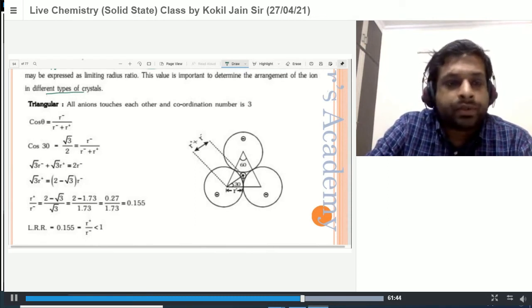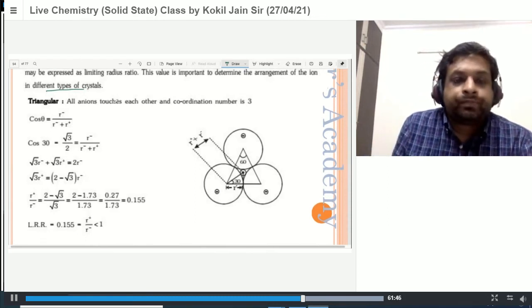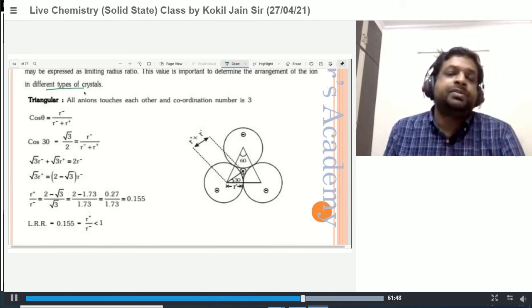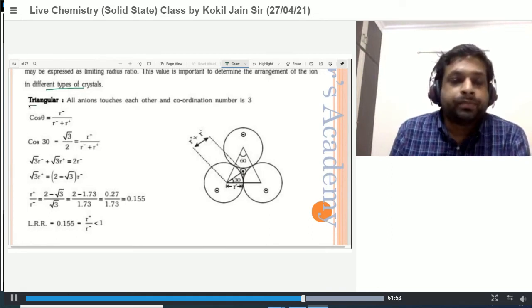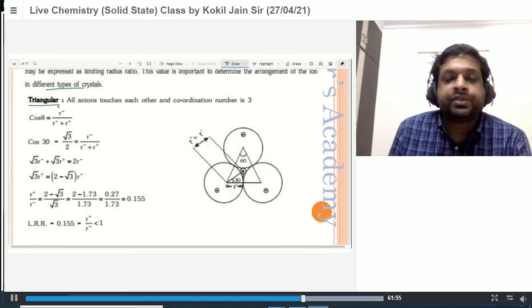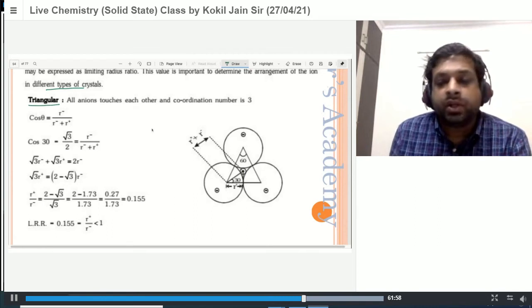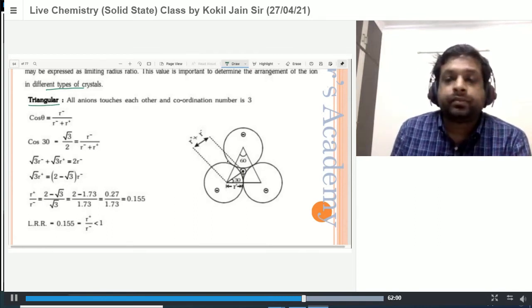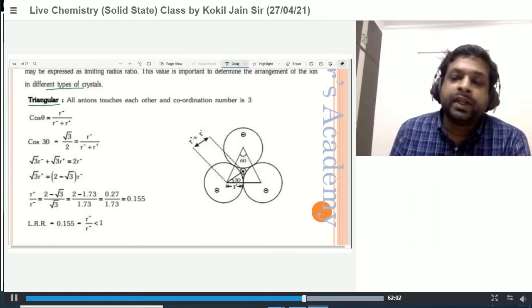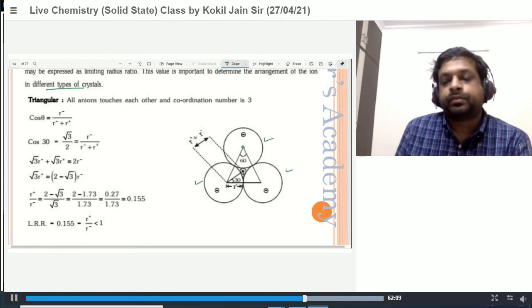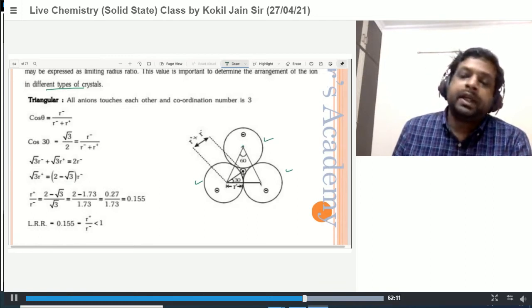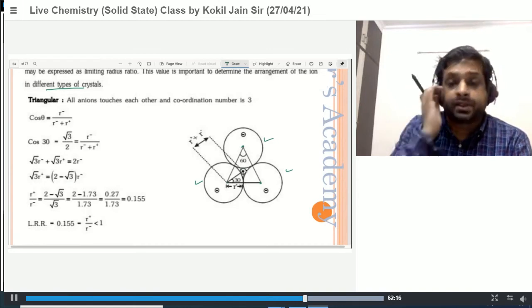Now let's see the first type of arrangement, the triangular arrangement here. In this triangular arrangement, all anions, 1, 2, and 3, are touching each other, and the cations are going to be in this void space.